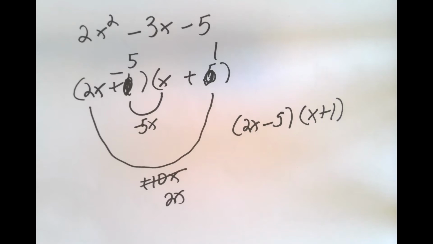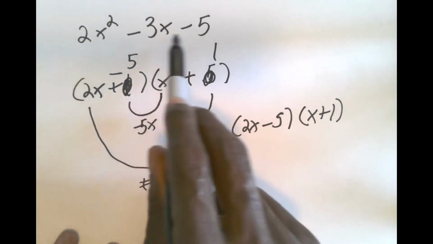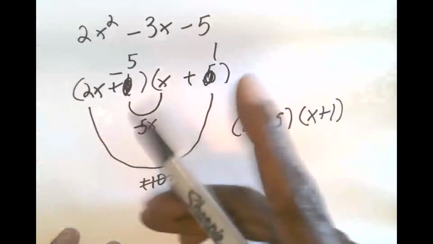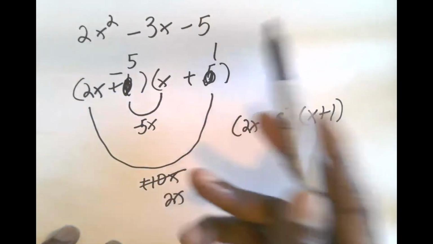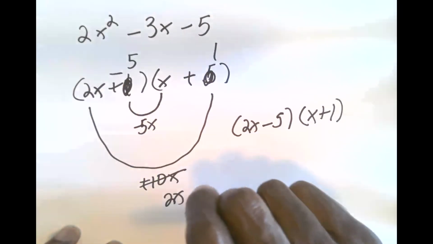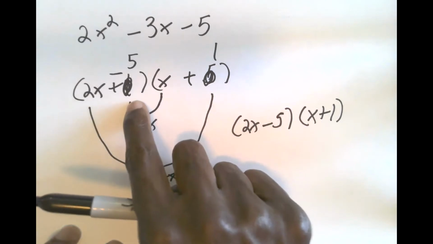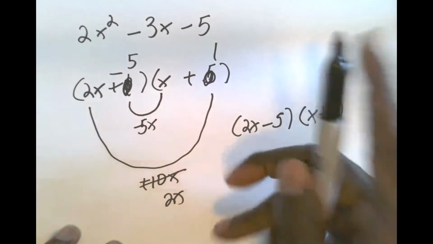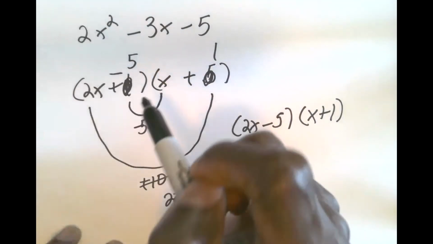But the AC method comes in handy particularly where these numbers have a lot of factors. Now, this was a simple example, because for 2x squared my only options were 2x and x, and for negative 5 my only options were 5 and 1. Imagine if this was 20x squared.